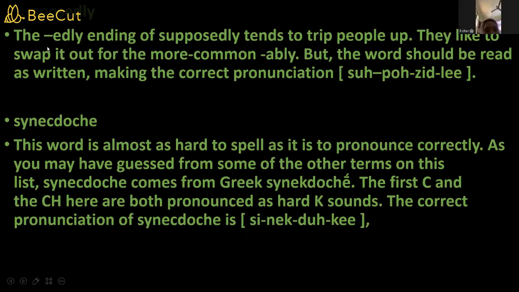Then synecdoche. The CHE that ends it is not pronounced like the word key, but synecdoche.